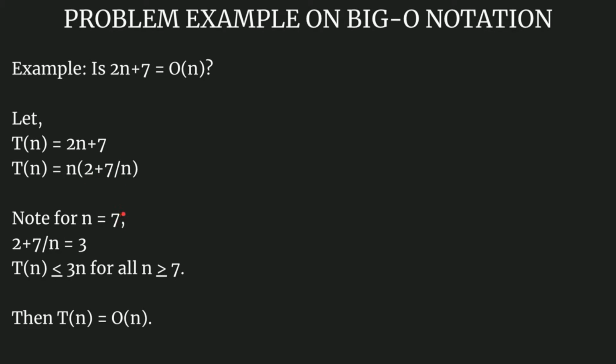Now if we take a value of 7 for n, then the value of the bracket stands out as 3. So from this, what we can conclude is that t of n is less than or equal to 3n for all n having values greater than or equal to 7. So this is the upper bound of this. So we can surely say that t of n is equal to big O of n.